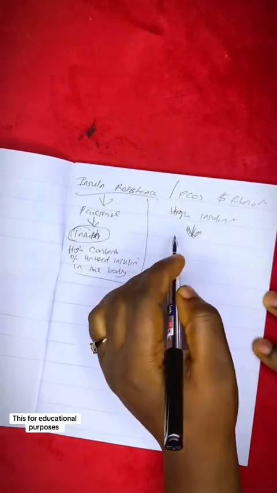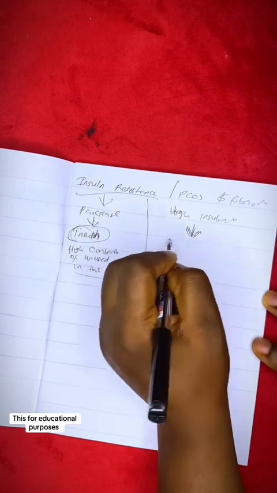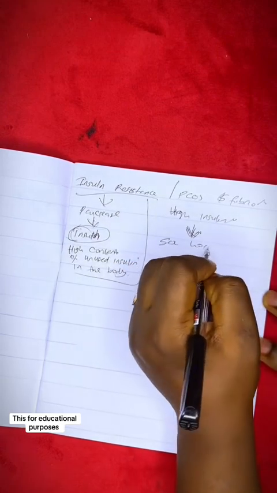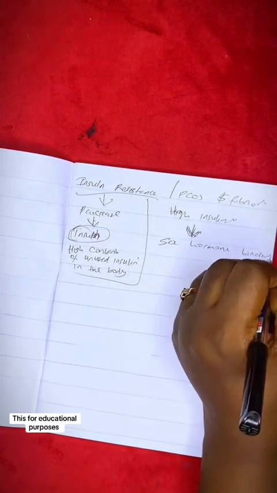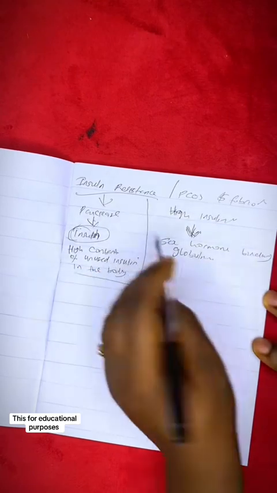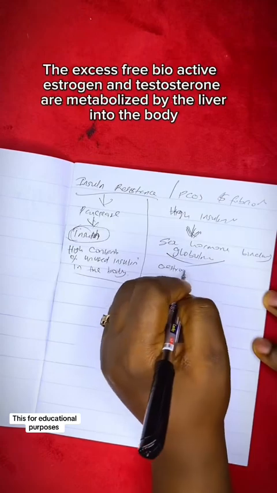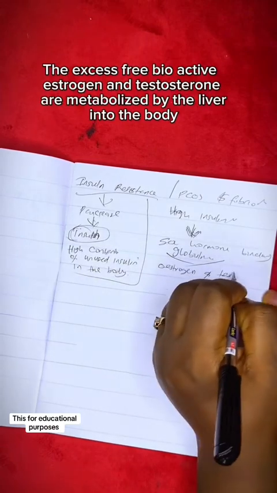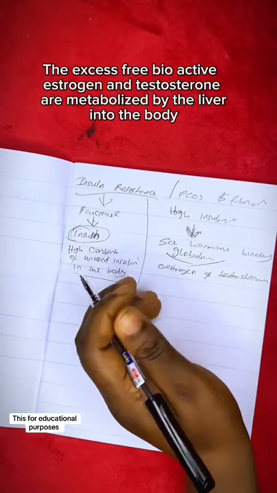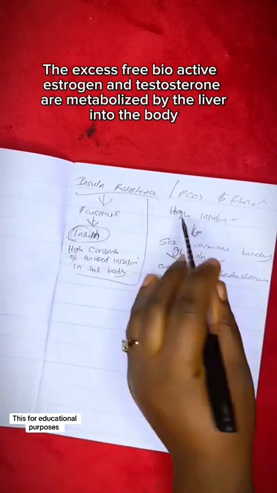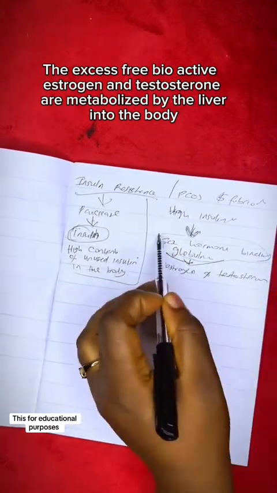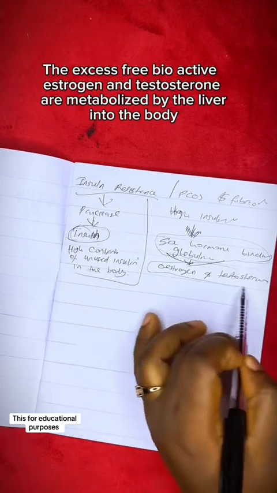When it gets to the liver, it will stop the sex hormone binding globulin. These are globulins that bind to the sex hormones, which are estrogen and testosterone. So what this high insulin does is stop the sex hormone binding globulin from binding to these sex hormones.